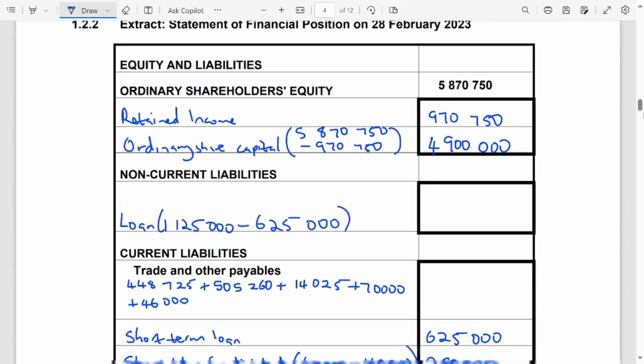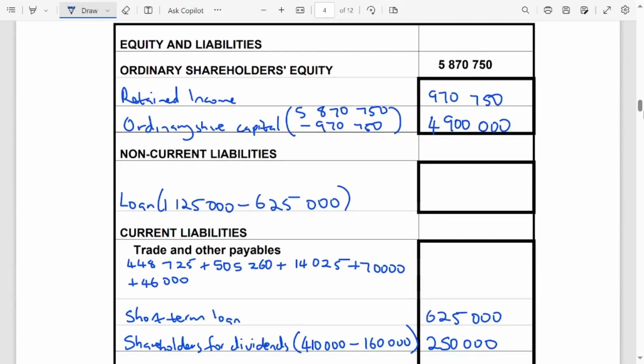So let's go to the balance sheet. The loan, mortgage loan, 1,125,000 minus 625,000. So it's going to be 500,000.